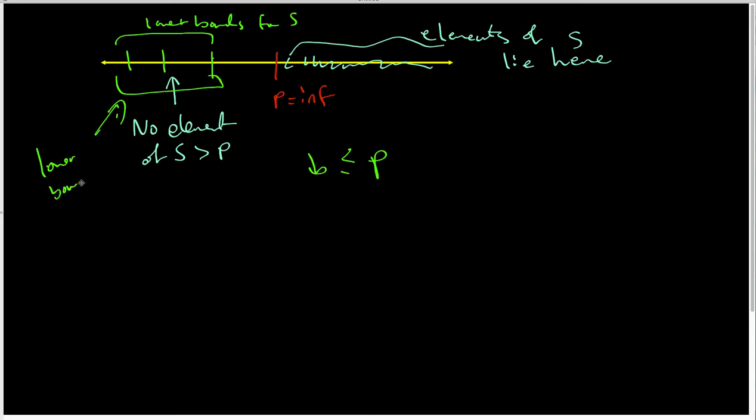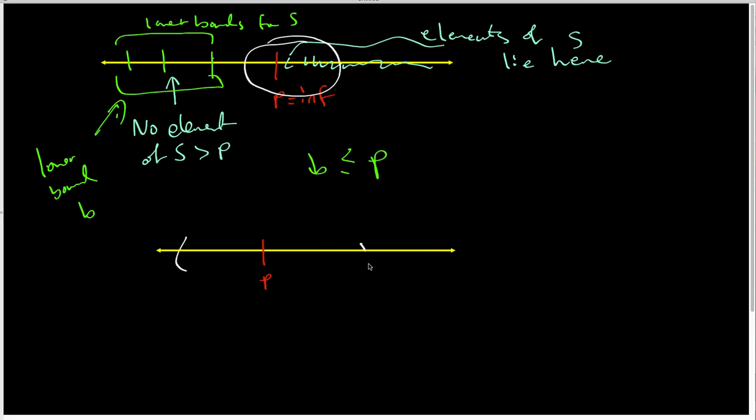Lower bounds named B. But I also want to focus in on this part of the number line in particular. So let's redraw that number line, and we want to put P here. I'm going to put a little delta ball, so this is a delta ball centered at P of radius delta.